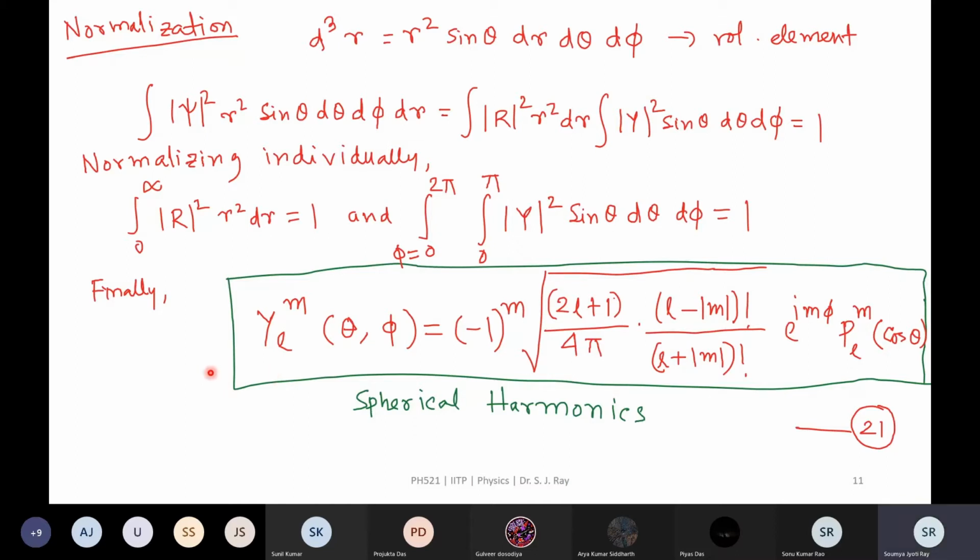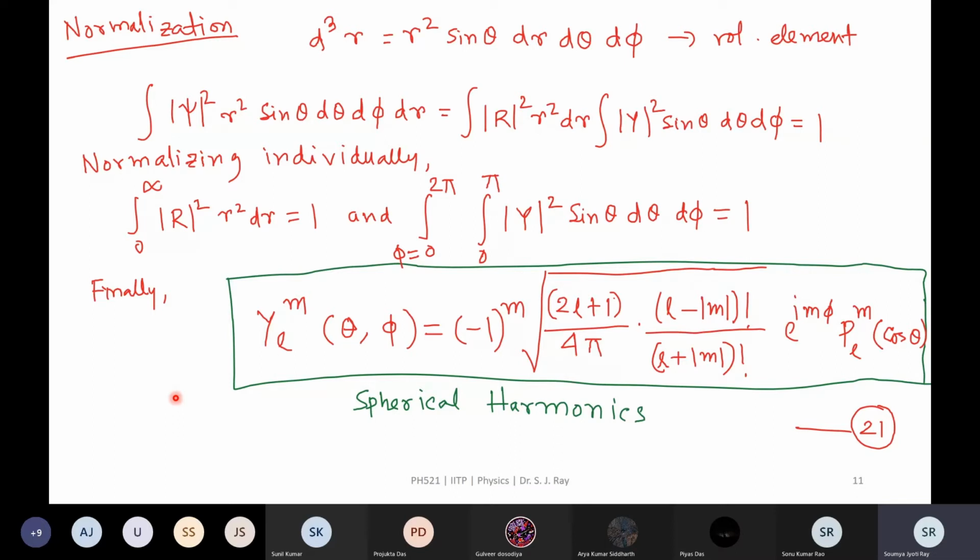So what is the catch here? The beauty of this problem is that so far we have not even looked at the form of the potential. We have got the exact form of Y_lm without any knowledge of the potential, whether it is 1 over r, or 1 over r square, or 1 over r to the power 1.5. You understood what I'm saying?